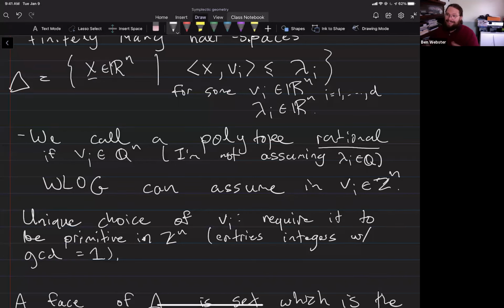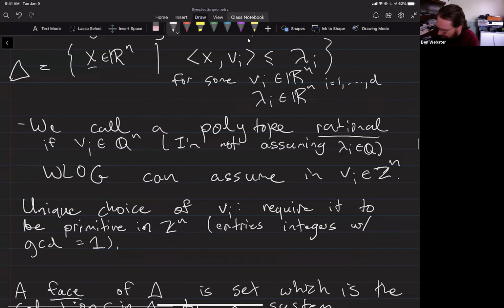Or put another way, it's not an integer multiple of another element of Z^n. And this is actually unique if I require it to point in the correct direction. I should only multiply my Vi by positive real numbers, because if I multiply it by a negative real number, I'll mess up this inequality. So there's a unique positive rational number that clears out the denominators. I multiply by the LCM of the denominators.